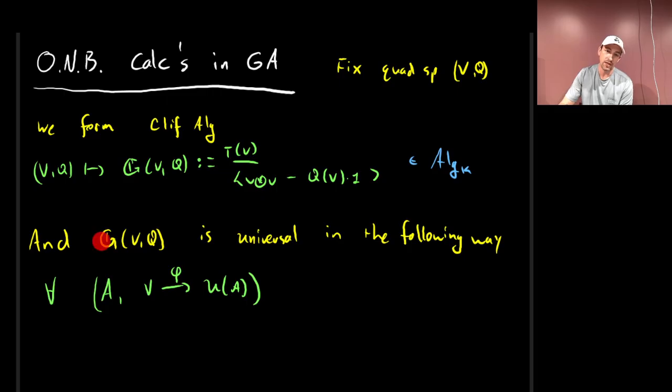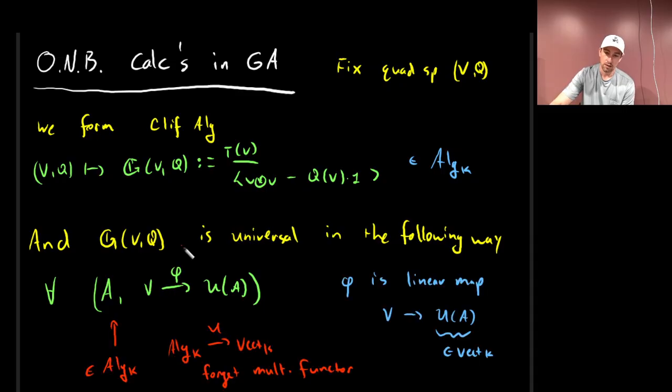And if we remember, this thing is universal in the following way: for any other algebra A and for any maps phi from the vector space V, so here V is fixed in all of this, into the algebra A, where U is the forgetful functor applied to the algebra, which just means forget the multiplication.